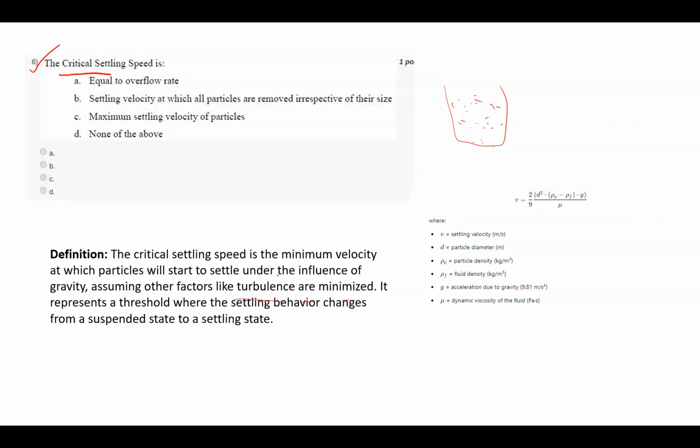So when the turbulence is minimized, because of gravity the particle will settle down to the base, and the minimum velocity at which the particle settles down to the base is called the critical velocity. So which option do you select?